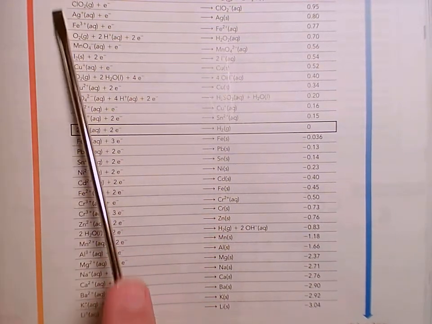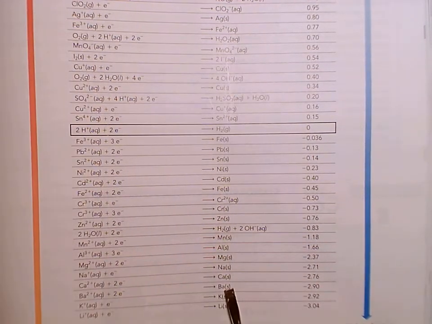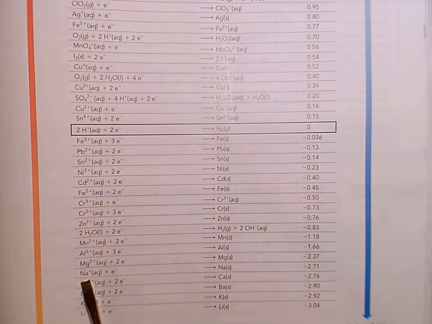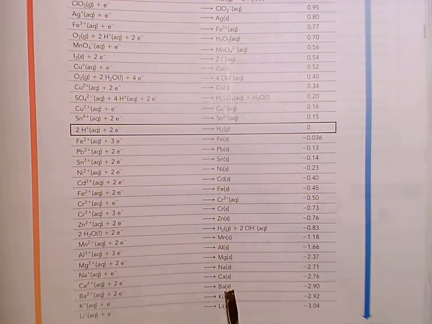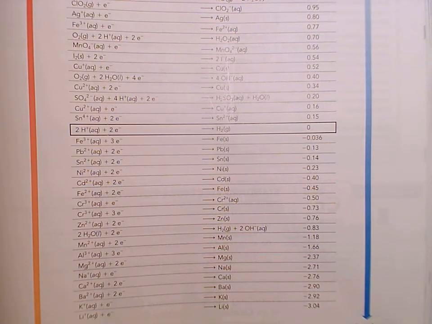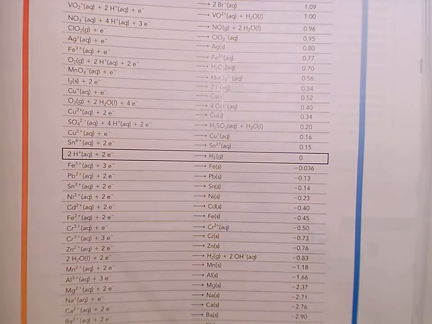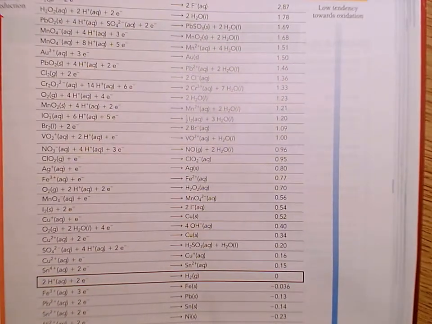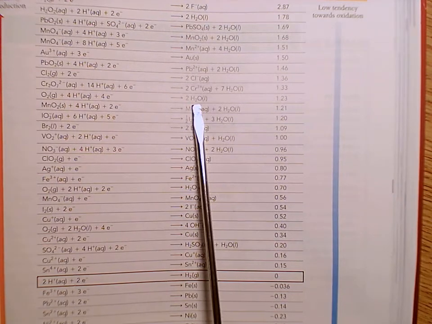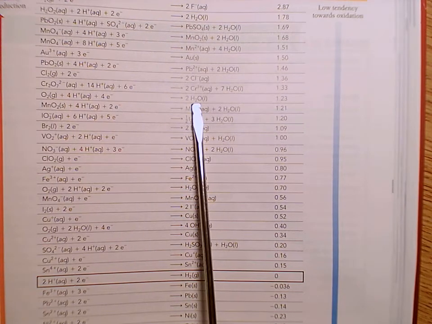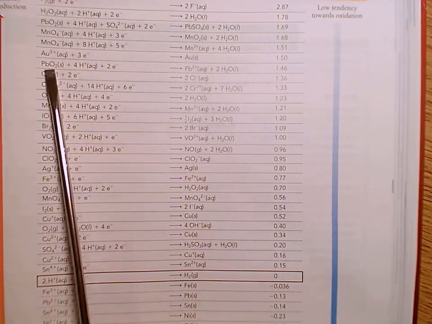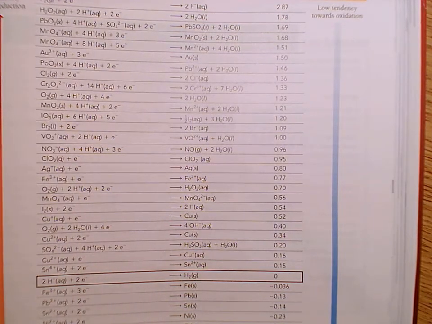Na plus is below Br2, but it's not below and to the right. Here's my Na plus, though. Is anything in solution to the right and below it? No, nothing. Also note, you might be worried, what about water? Don't we have water in there? Yes, we do, but if you look here, we see water is way up here, so the only thing that's going to react with water, if it's on the right, is something above it to the left, and we don't have any of that, so we don't have to worry about the water either.